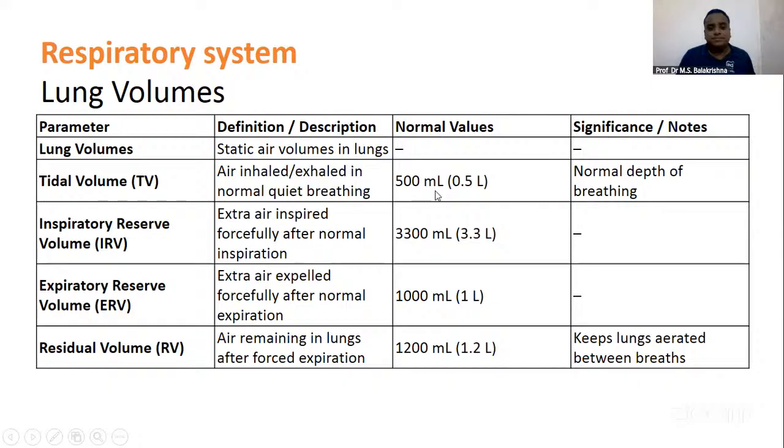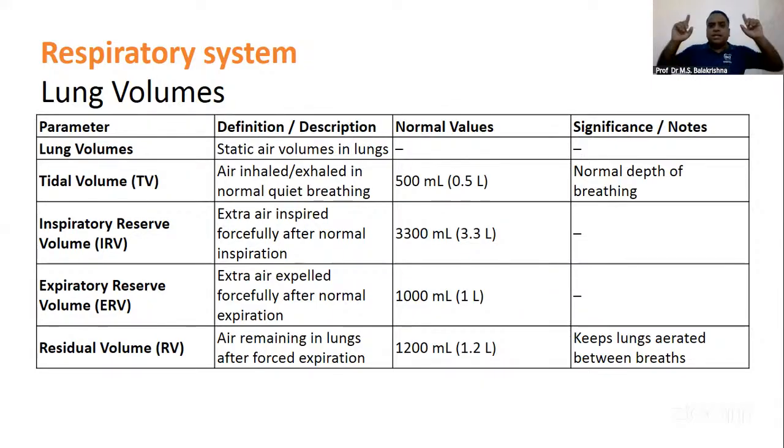500 ml. The next is inspiratory reserve volume. Normal breathe in, normal breathe out, you know that. Now inspiratory means taking in air. Reserve means you're storing it. If you have extra money, you keep it in the bank. So this is extra air, inspired forcefully after normal inspiration.